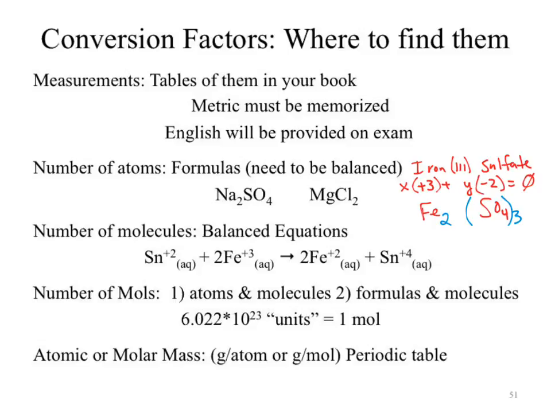So if I look at the formula of iron sulfate, if I gave you 2 iron sulfate molecules, how many irons are there? 4. What if I give you 6.022 times 10 to the 23rd? I know that one's a bit mean. Iron sulfate molecules.